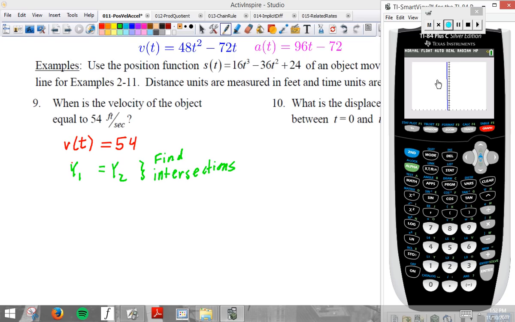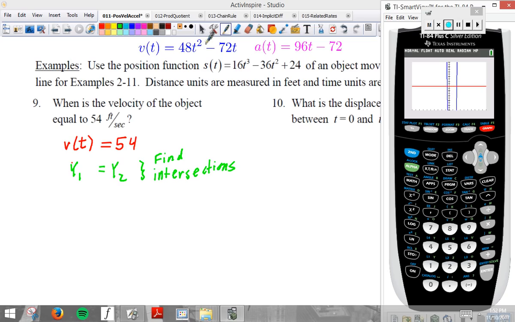So there goes my parabola in a lovely shade of blue. And here comes my horizontal line in a lovely shade of red. Now, it looks like my computer is having a horrible slowdown, but we'll just live with that. So we see 2 points of intersection, and as I told you, both are going to be in this nice default window.